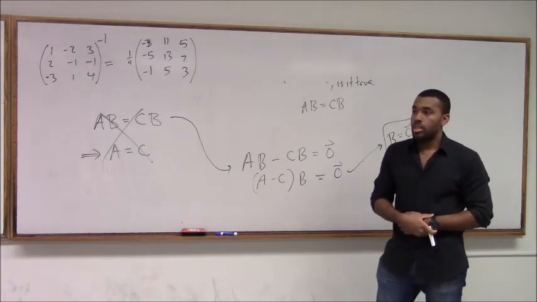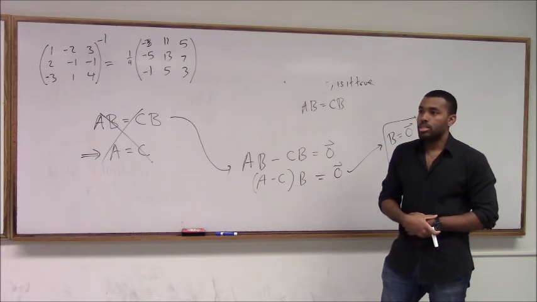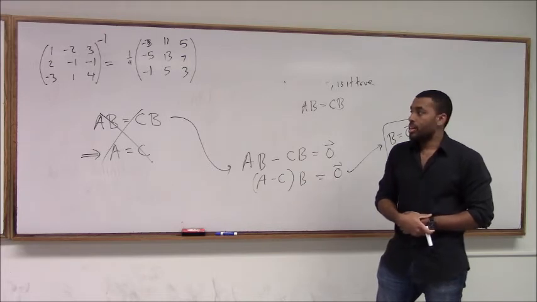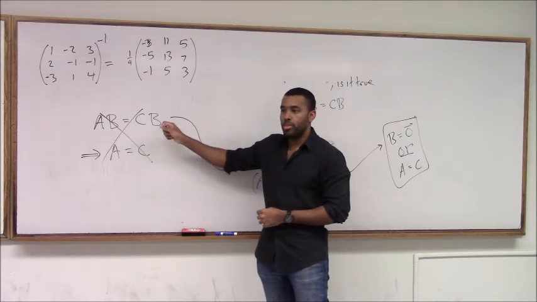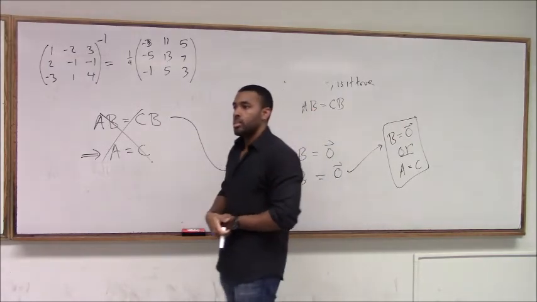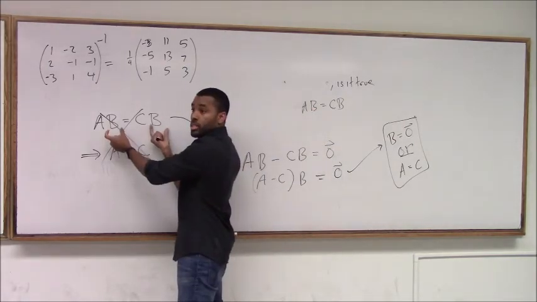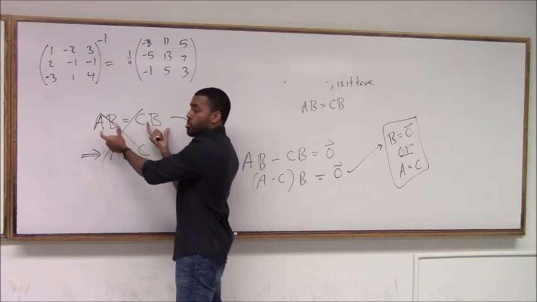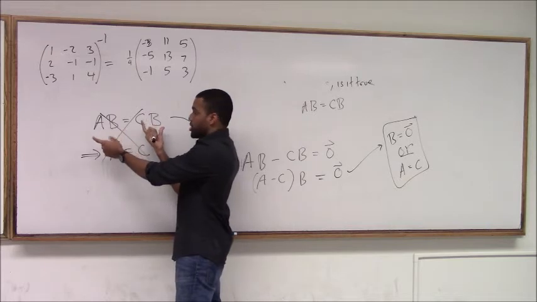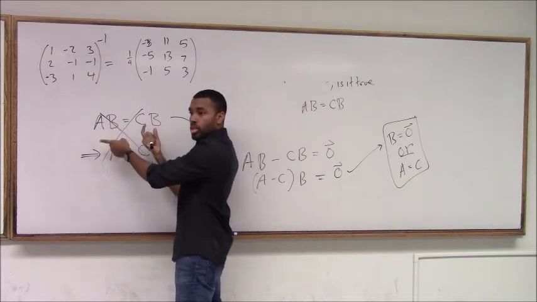Well, if A and C are different sizes, then AB does not equal CB. This equation could not be true if A and C were not the same size, because B is obviously the same size. And the size of a matrix multiplication is dependent on the size of the two matrices. I have to have a certain number of columns and rows here.